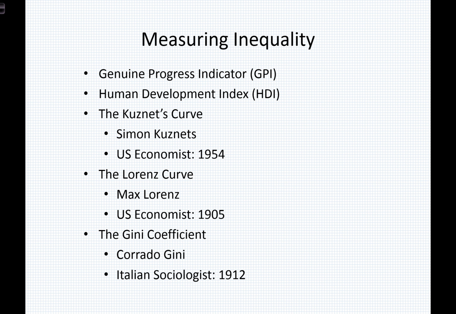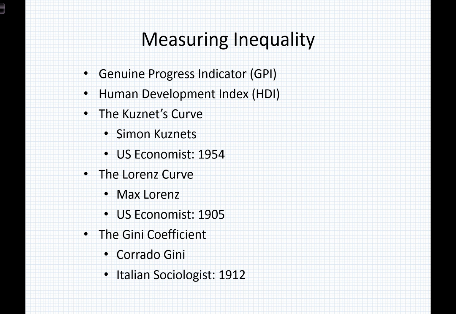She's done some work on this genuine progress indicator, which is really a rather holistic index that takes into account many different elements that help us understand utility and lifestyle and health and income and political connectedness and civic connectedness, and all of these very important and sometimes very rich cultural attributes, as well as some very numeric, quantitative financial attributes, all of which conspire to help us understand the utility level of an individual or a household.